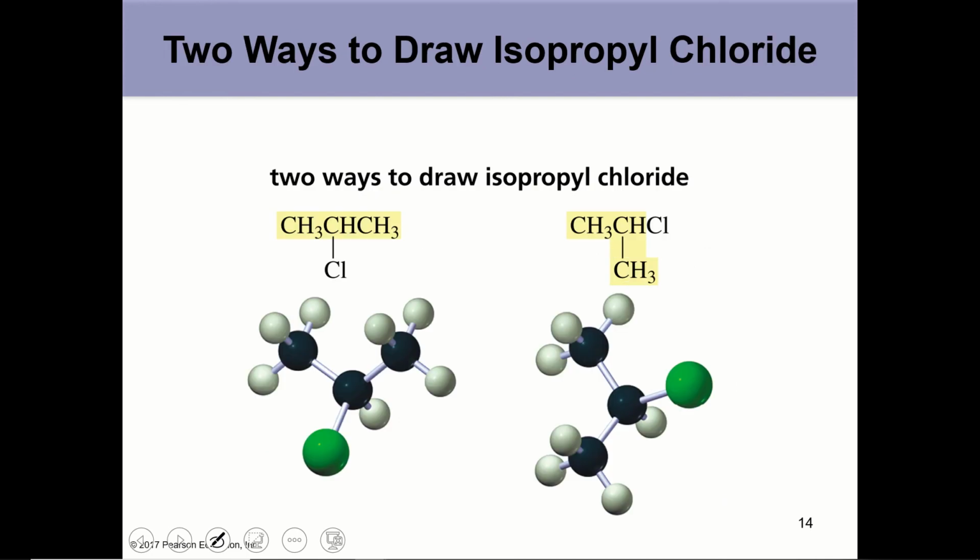There are 2 ways to draw an isopropyl chloride, but if you just look at the structure in 3-dimensional space, you can see that whether you draw out your condensed or Lewis structure in this way or in this way, the 3-dimensional structures are equivalent.